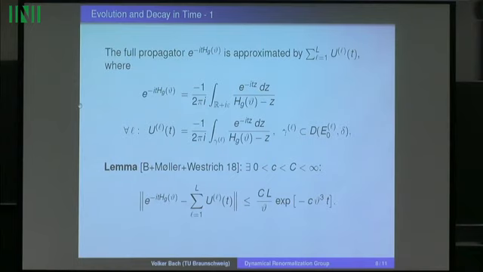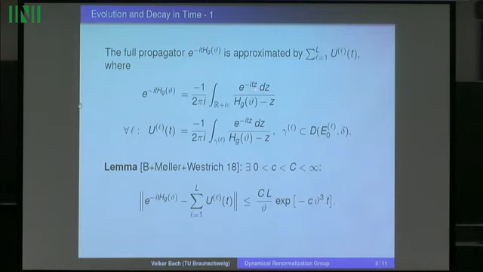So for this dilated generator, we can write the propagator, the semigroup that it generates, in terms of a contour integral. This is a Laplace transform, if you like, what I have given here for positive times. This is all for positive times.